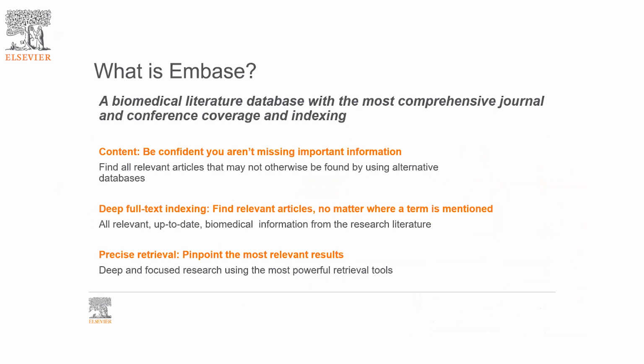It covers biomedical literature from 1947 to the present day, and you can use it to find clinically related information about adverse drug events, drugs, medical devices, diseases, and other things. I will show you several samples today.